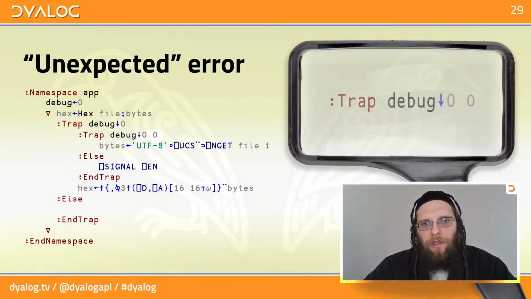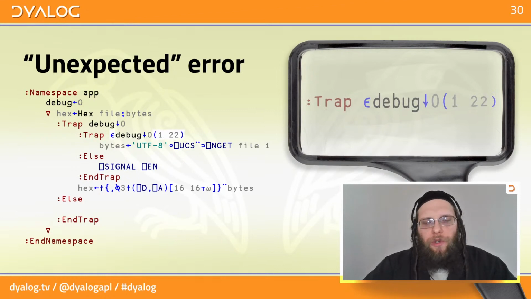If you set it to 1, then we disable the global trap, but the expected errors are still being handled by the inner trap, because we do 1 drop on 0, 0, that leaves still one more 0. So we're trapping all the errors there as well. And we can actually be even more sophisticated. We could write something like this.